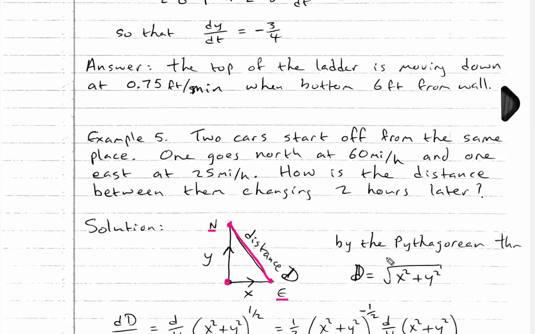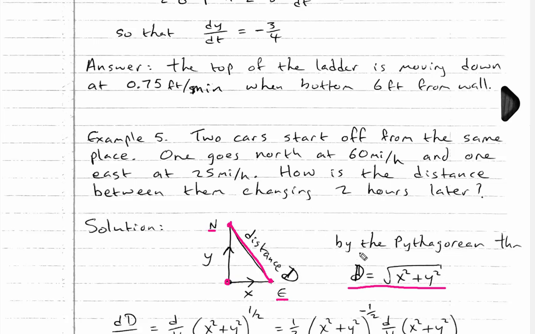Pythagoras to the rescue. So x squared plus y squared equals D squared, capital D. So D itself is the square root of x squared plus y squared. So this is our basic equation.